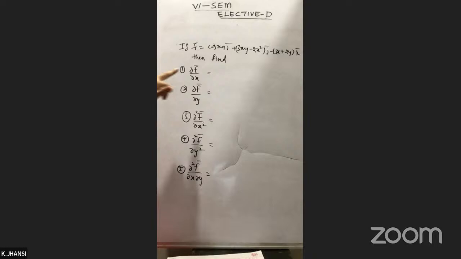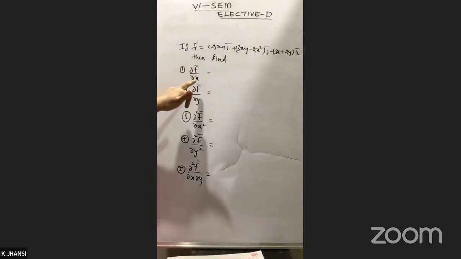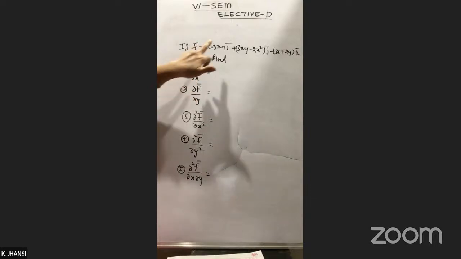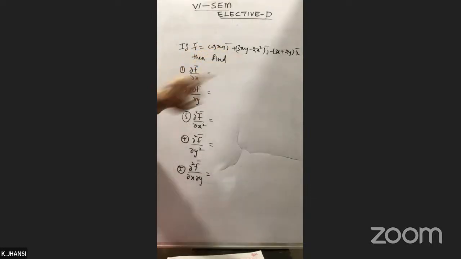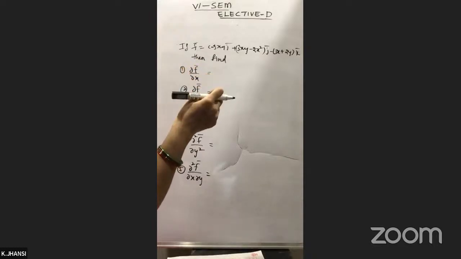So dou f by dou x means with respect to variable x we have to do the differentiation. That is partial differentiation. Partial differentiation is nothing but with what variable we are doing the differentiation, only that variable term you have to differentiate. So here cos xy, both y and x are there.